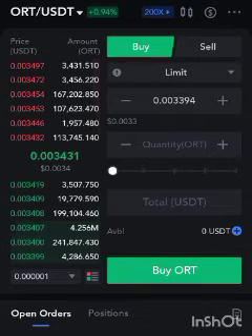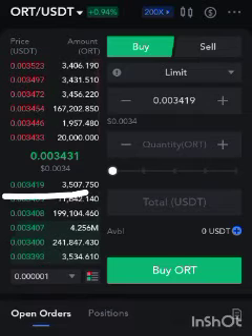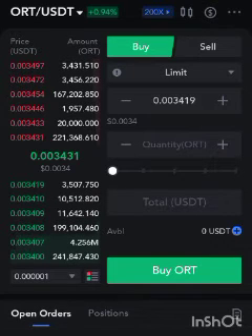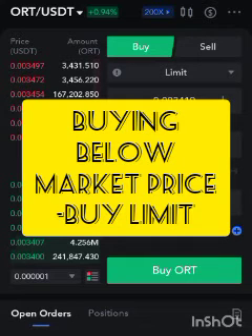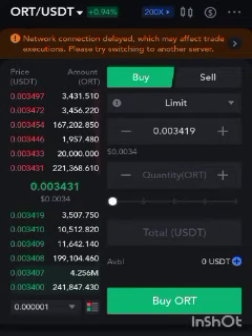Now, if you want to buy on a limit order and you pick this particular price, let's say 0.003419, it means that we are buying below the current market price, below the middle price.